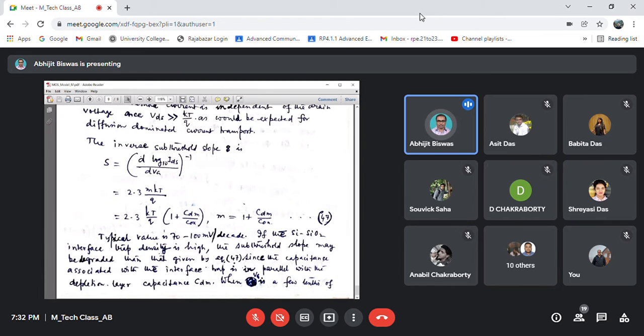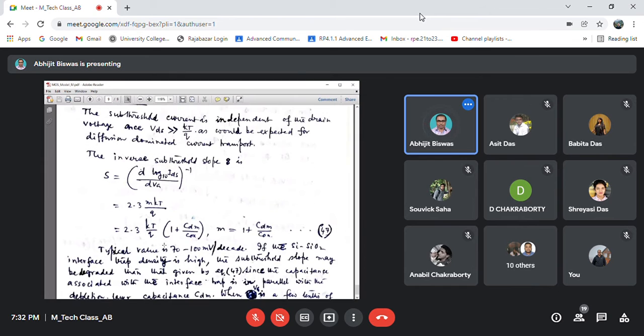So ideally, this inverse subthreshold slope is 60 millivolt per decade. Even if you assume the ideal condition, an ideal MOSFET, you cannot reduce the subthreshold slope below 60 millivolt per decade. You can go on the higher side, but you cannot come down.